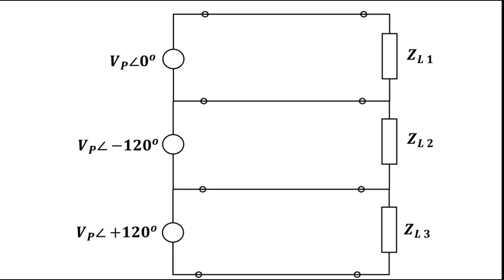The phase angle difference between them is mostly 120 degrees, leading and lagging with respect to each other. So magnitude and frequency of the voltage are the same but the phase angle differs by 120 degrees, leading or lagging with respect to a reference. This VP at 0 degree is the reference, minus 120 degrees lagging, plus 120 degrees leading.